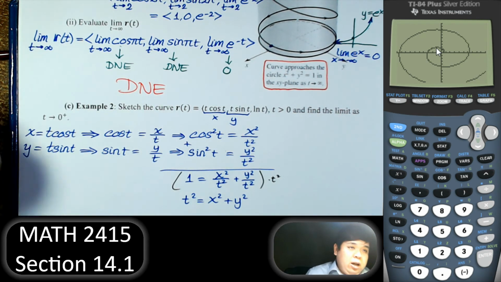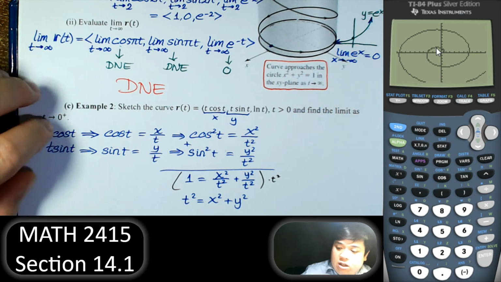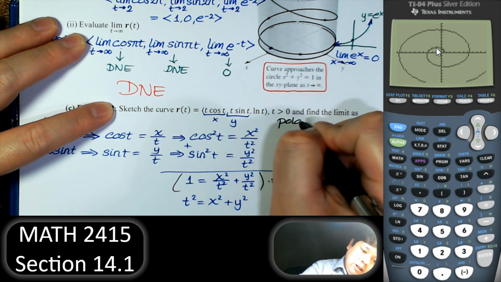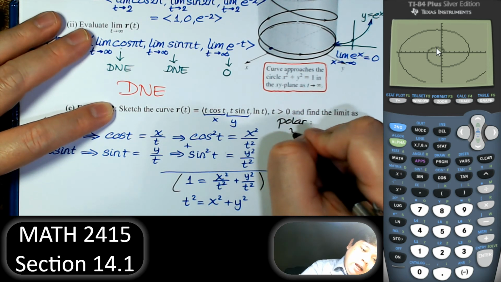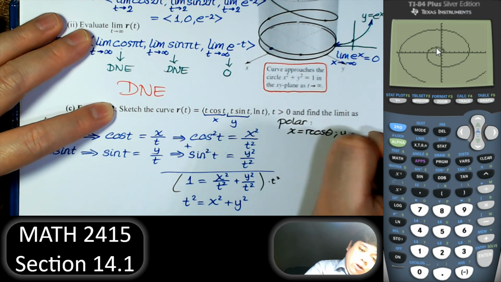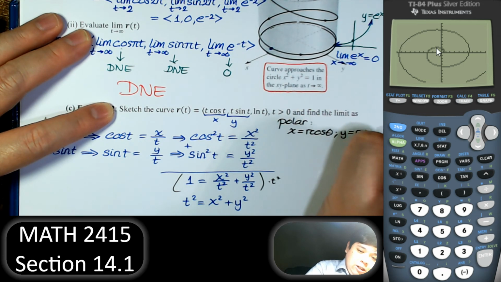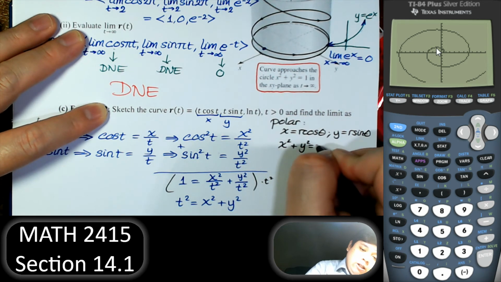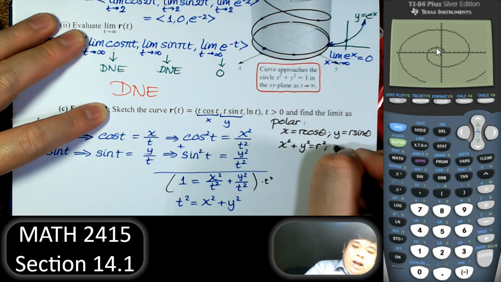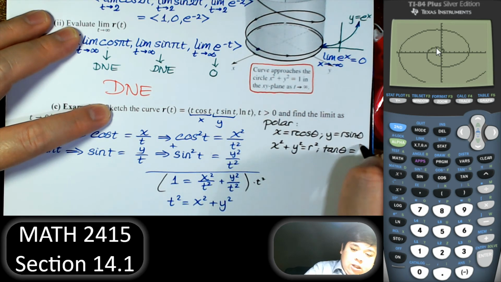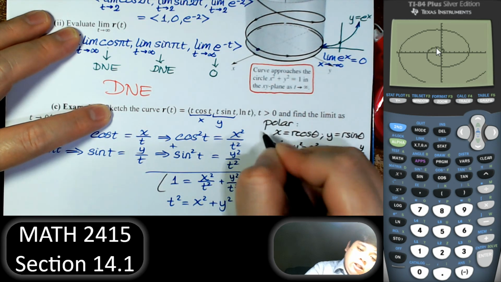That's good, right? But remember in polar coordinates, x equals r cosine theta, y equals r sine theta. x squared plus y squared is r squared, and tangent of theta is y over x.